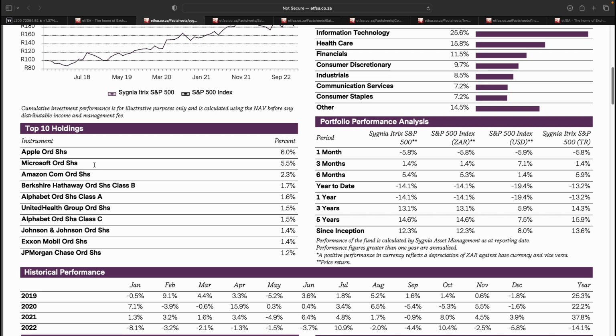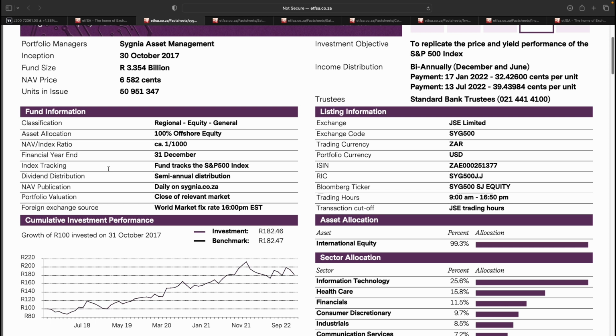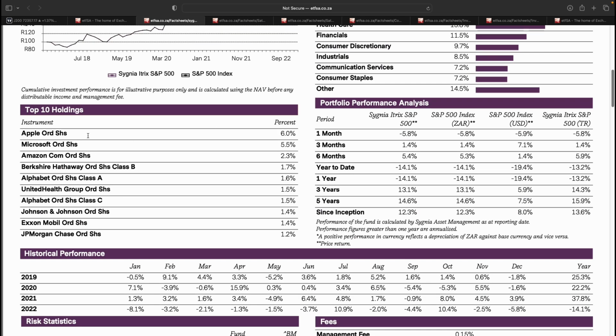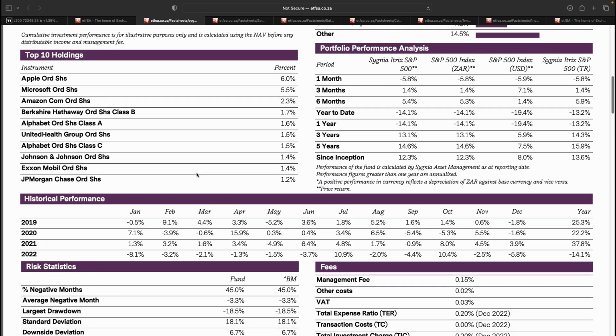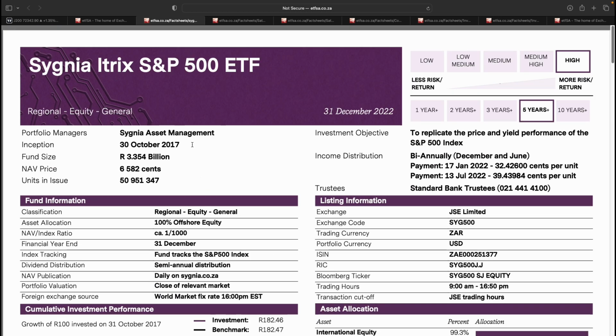There are also other big-cap companies. The role of the S&P 500 is to track the biggest 500 companies on the New York Stock Exchange, so that is why you see those companies. Any company that is big, but is not part of the top 500, is not going to be in this list. There's a lot of information that you can find about the ETF, but this is one of the ETFs that you can consider buying.